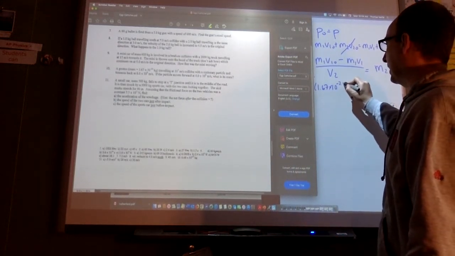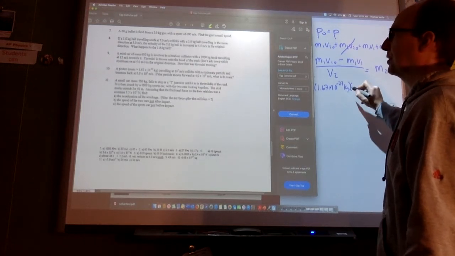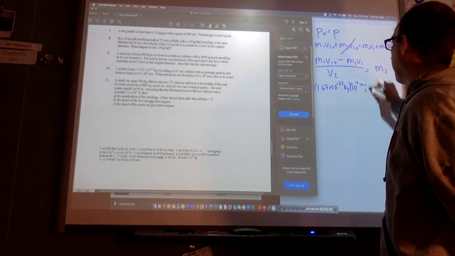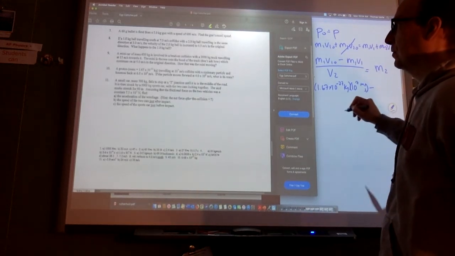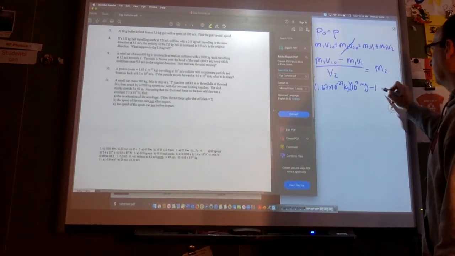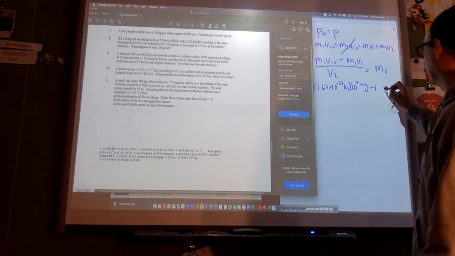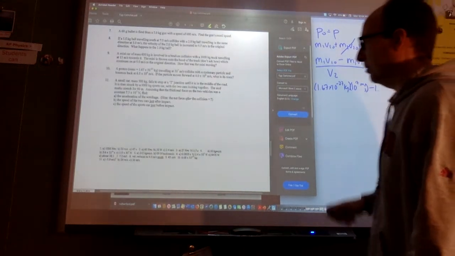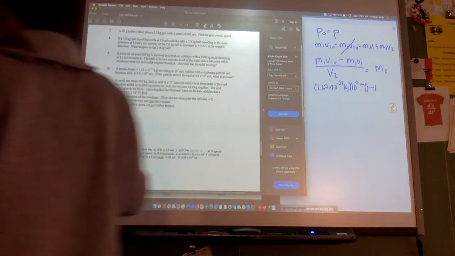So we have 1.67 times 10 to the negative 27th kilograms times 10 to the 7th minus 1.67. I'm going to run out of space. I'm going to move this over so I have more room.